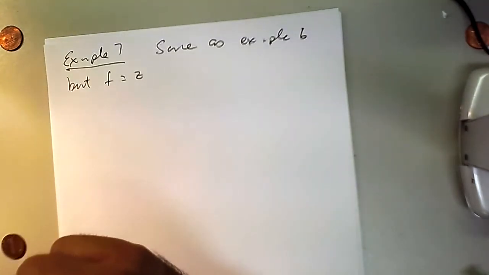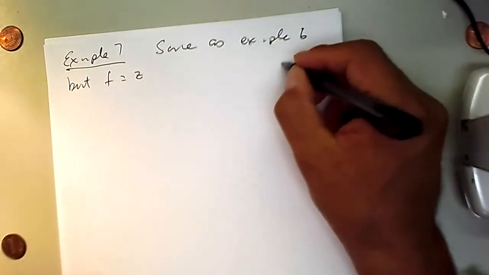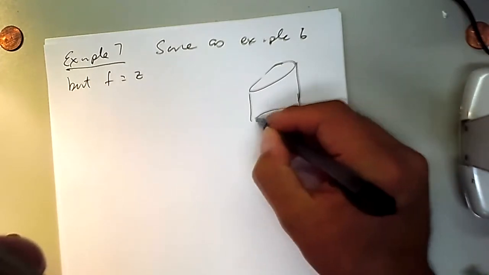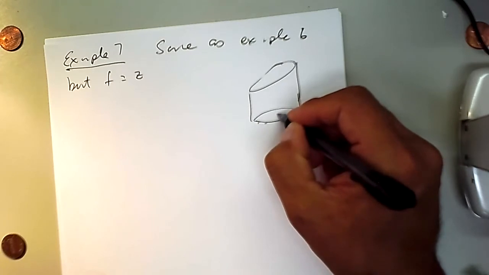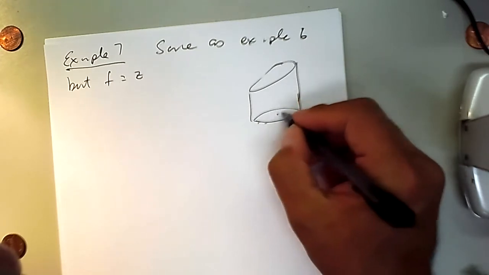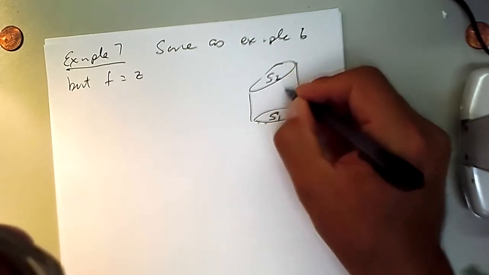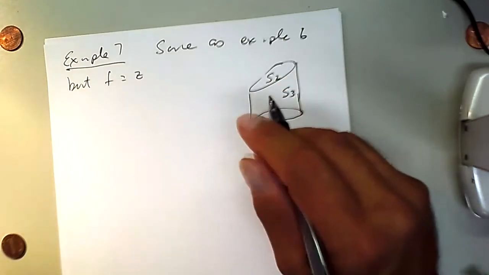Now we're going to integrate z. Okay, so same shape, same thing as example 6. The bottom will be, so let's label the bottom as S sub 1, top S sub 2, the side S sub 3. Is that how I labeled the previous one?